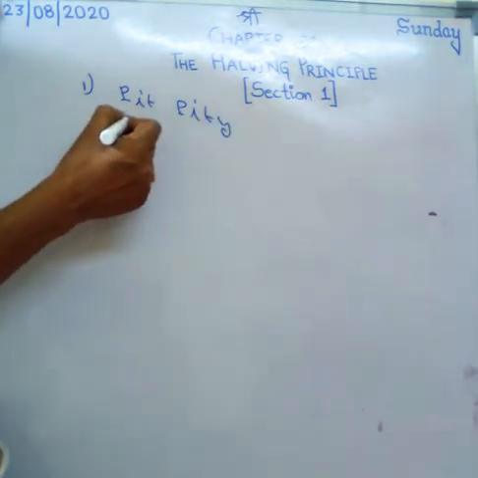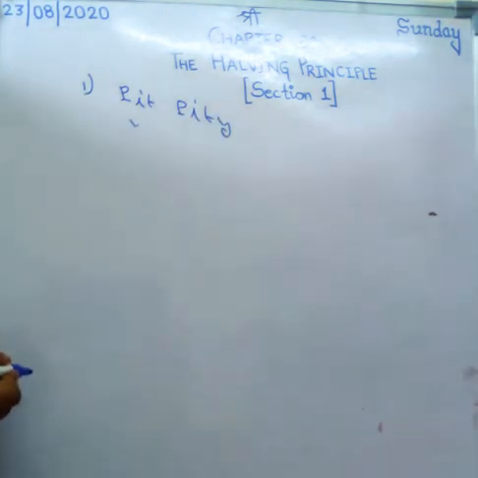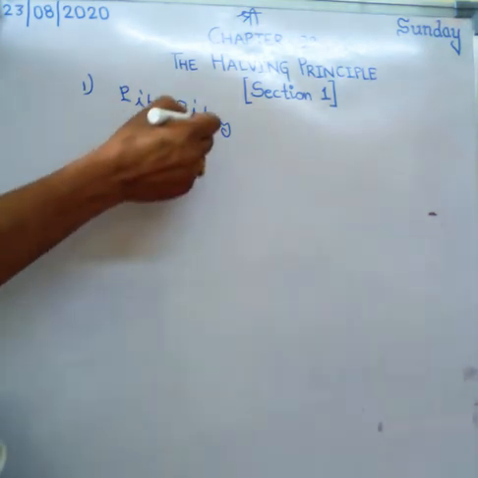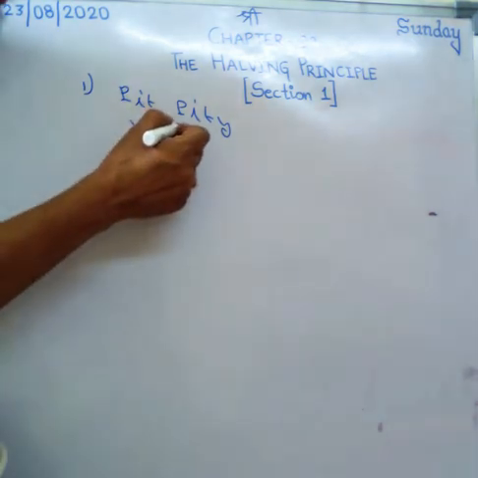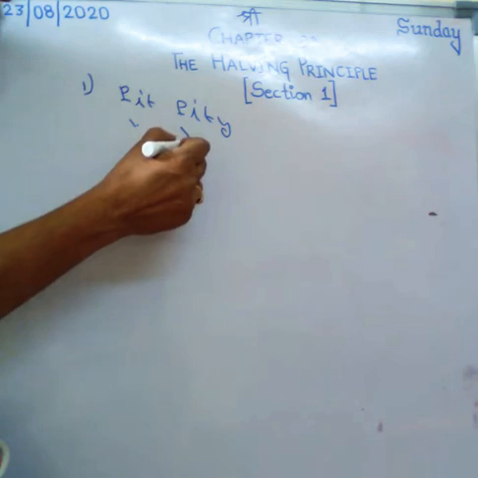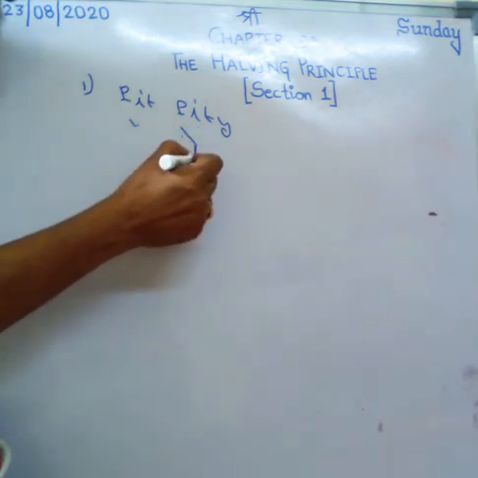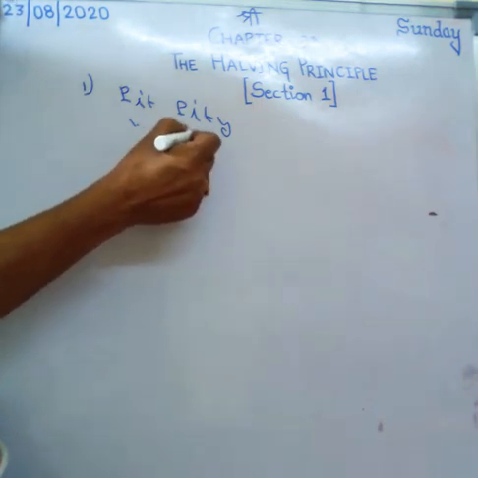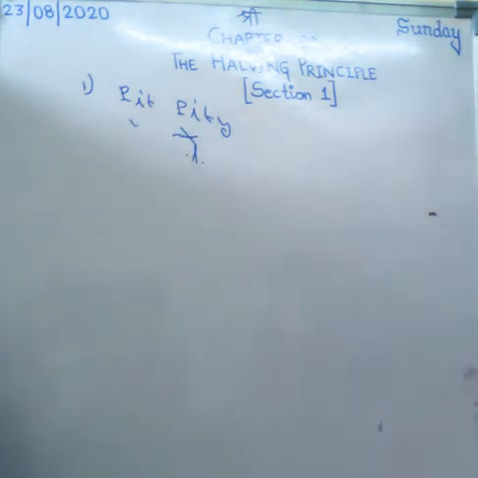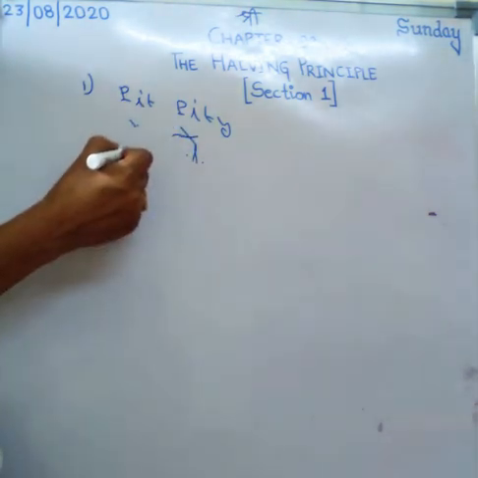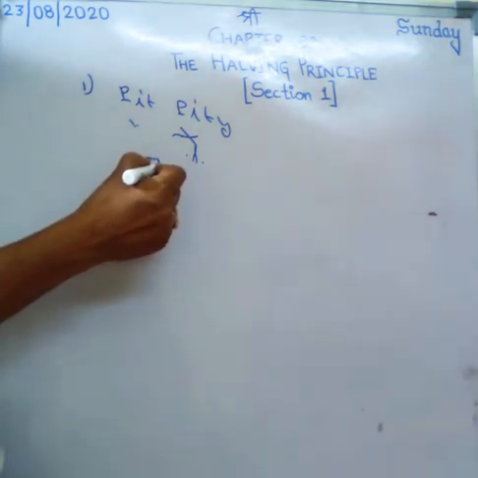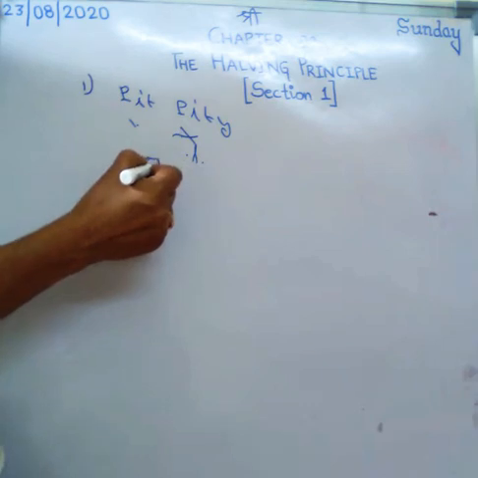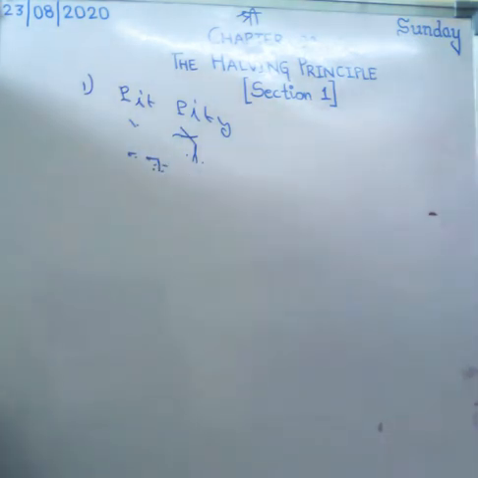For pit, you can employ Halving principle, P, T. But pity, it contains more than one syllable. After T, there is a vowel. So in this case, you cannot employ Halving principle. You have to write in full. Greed, G, R, D. But greedy, after D, there is vowel. You cannot employ Halving principle.